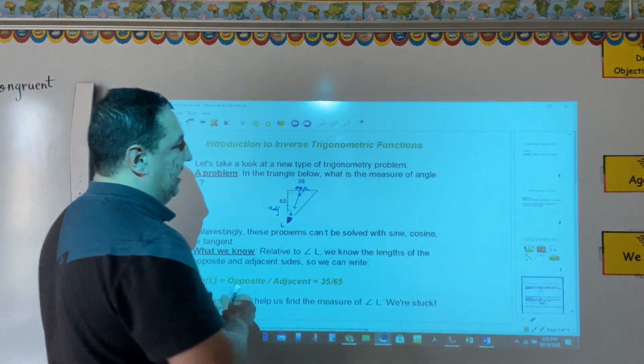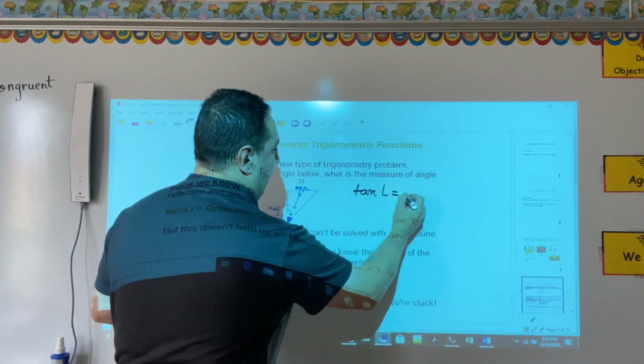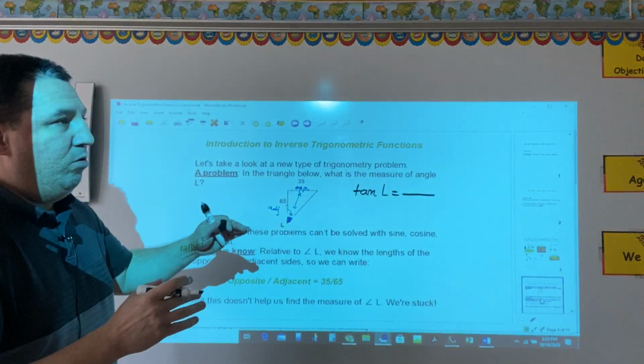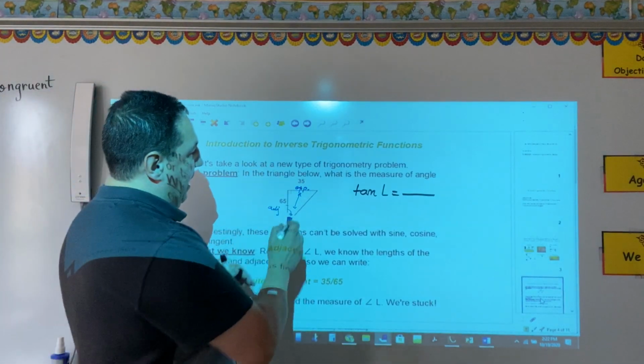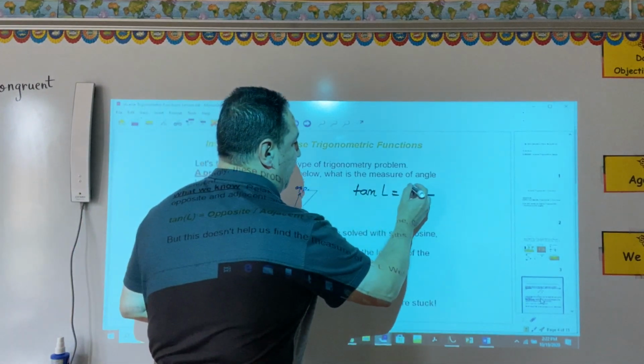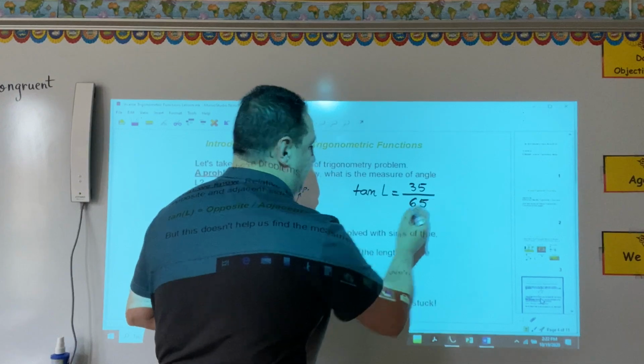And we know the tangent of angle L would be the ratio of opposite side to adjacent, right? And opposite would be 35, and adjacent would be 65.